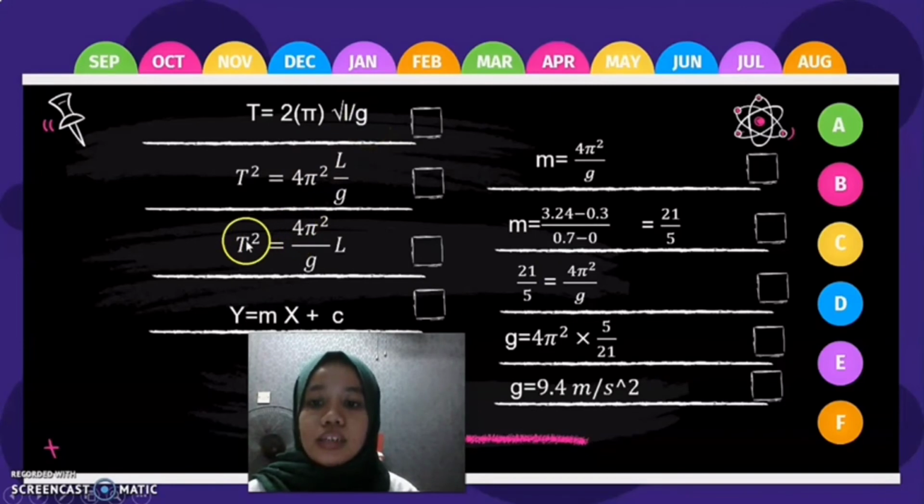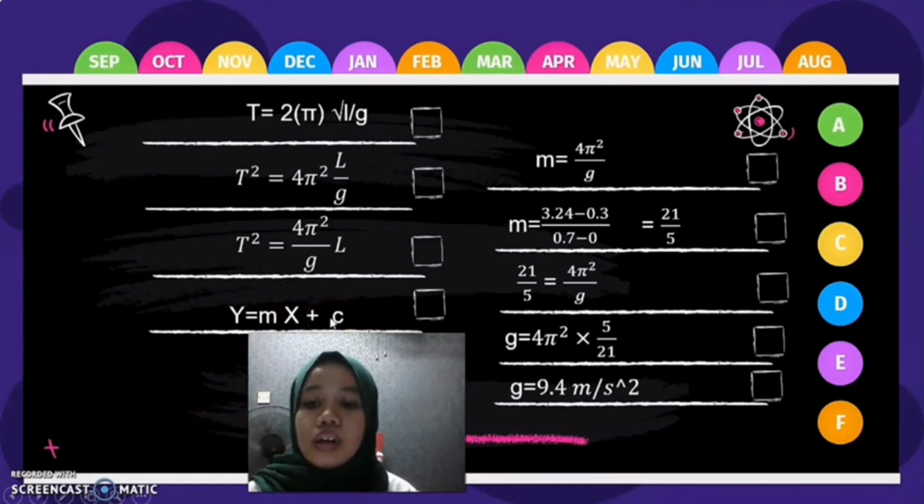We rearrange it as T squared is equal to 4 pi squared over gravity times L. We can interpret this equation as y equals mx plus c.